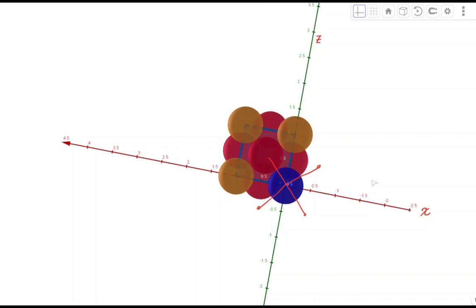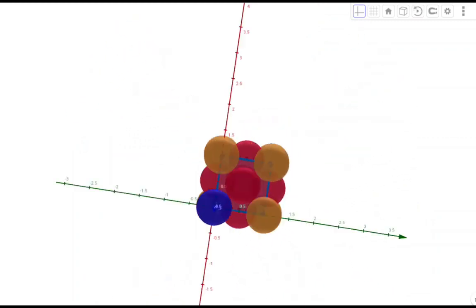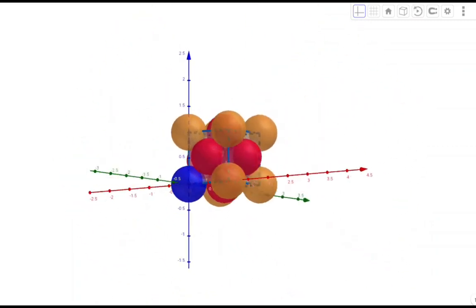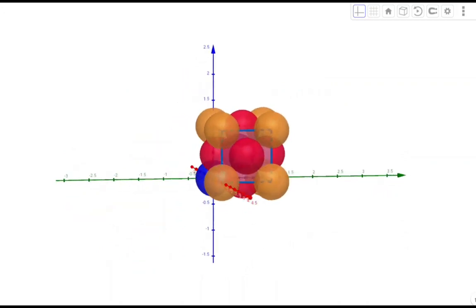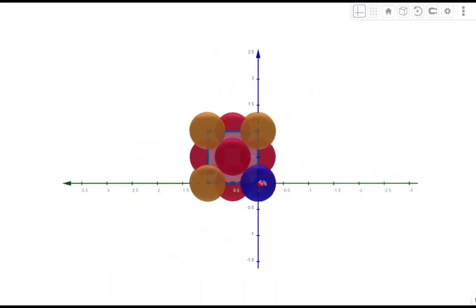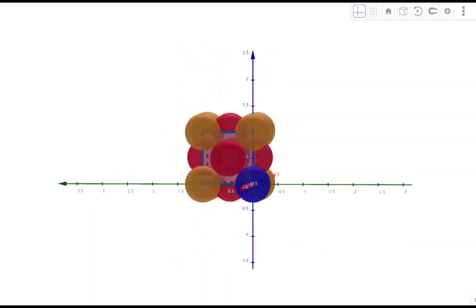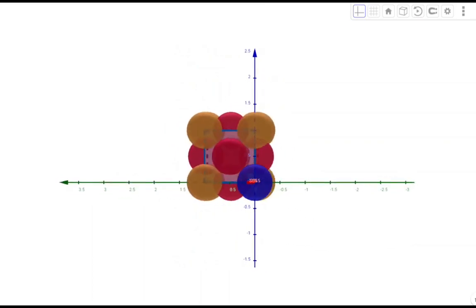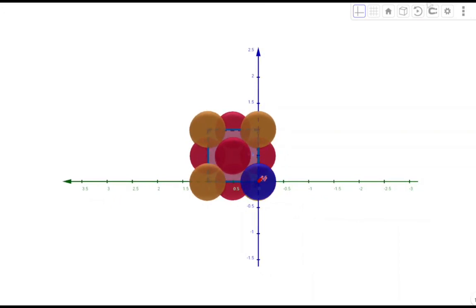And the last one in the YZ plane, so this is Z and this is Y. We have this one here, this one, this one, this one.